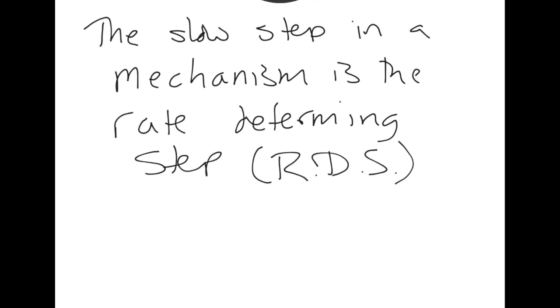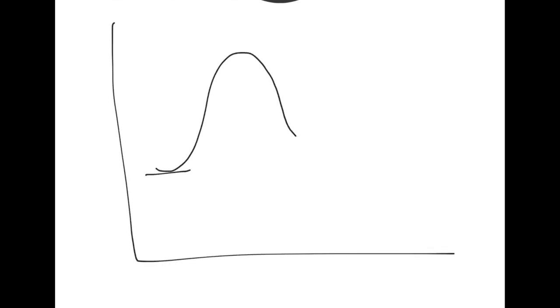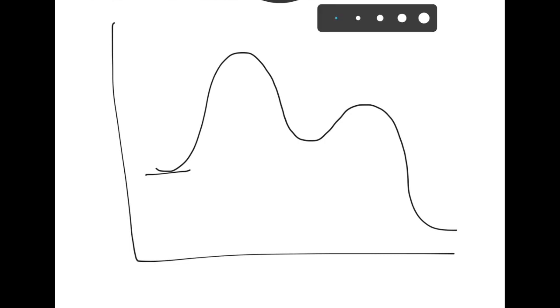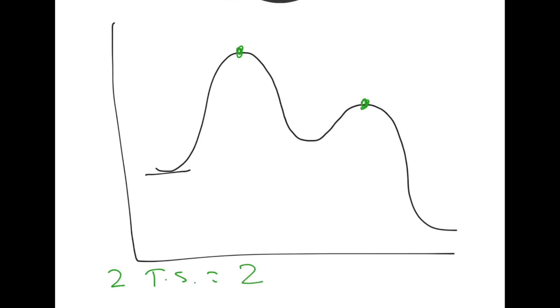So if we look at a reaction coordinate diagram, how many steps do we have? 2 steps, right? I've got 2 transition states, so 2 transition states equals 2 steps.